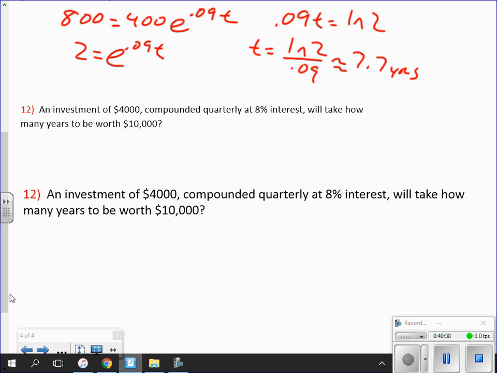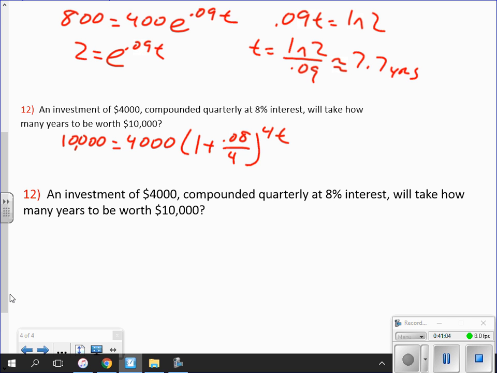So that means 10,000 equals 4,000 compounded quarterly, (1 plus 0.08 over 4) to the 4t. That's your setup.